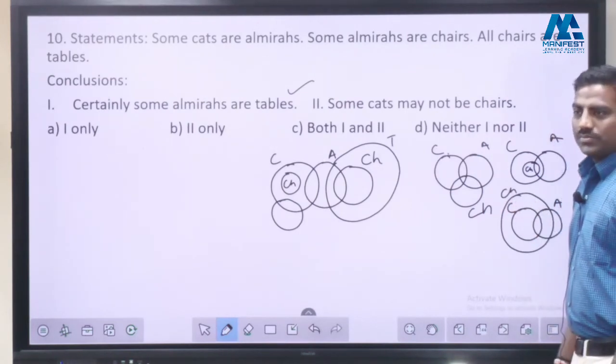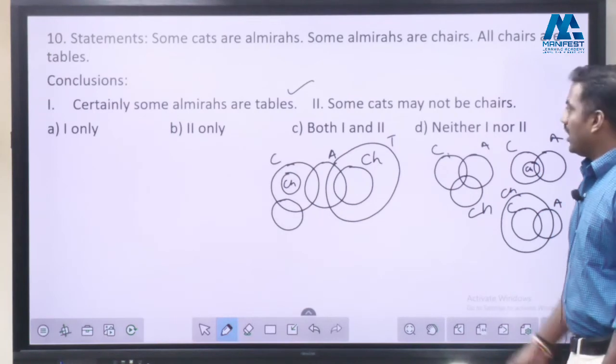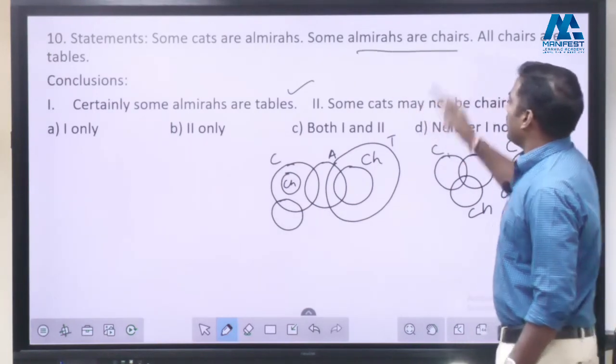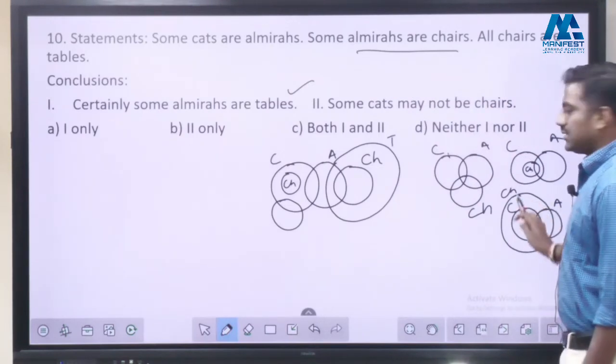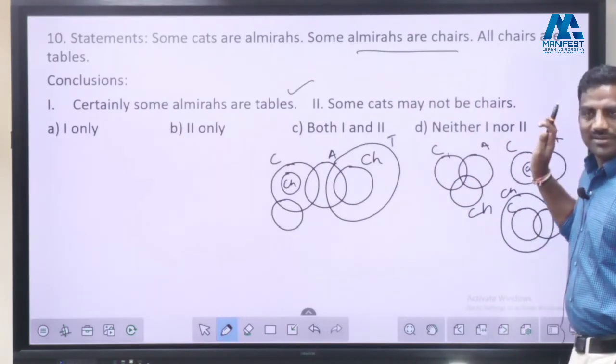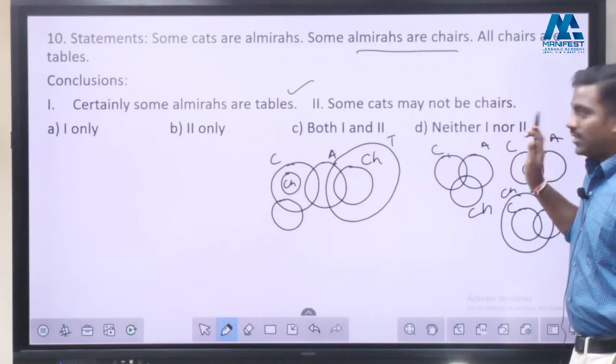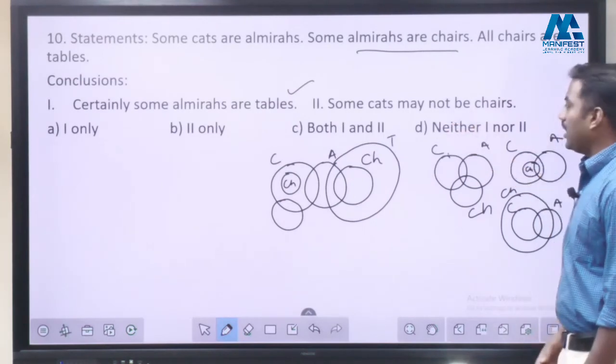Yes or no? Can I draw? They have given the connection only between some almiras and chairs. That is correct, no? Possible, right? Now read, some cats may not be chairs.